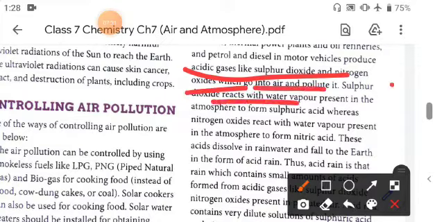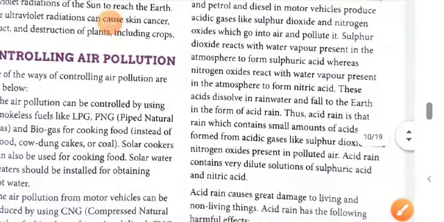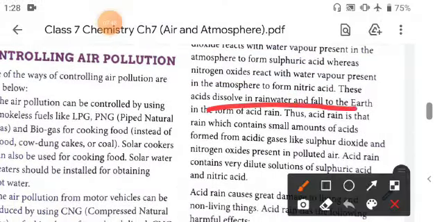This sulfur dioxide reacts with water and forms sulfuric acid, whereas nitrogen oxide reacts with water to form nitric acid, and these acids dissolve in rainwater and fall on the earth to form the acids and increase the acidity of the soil.